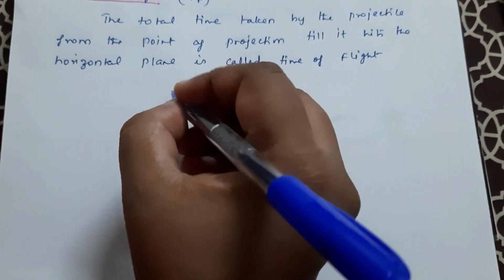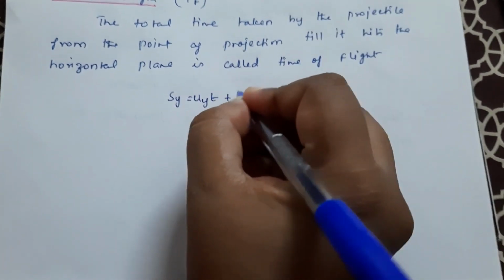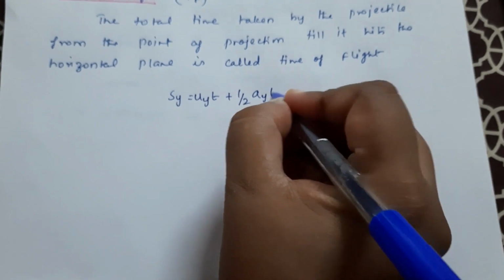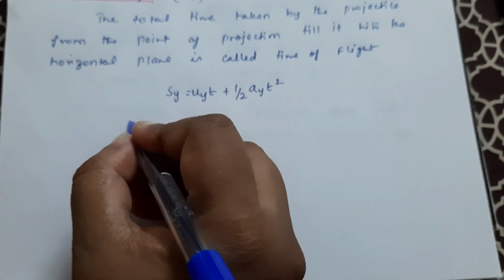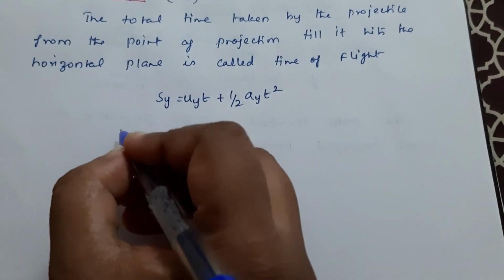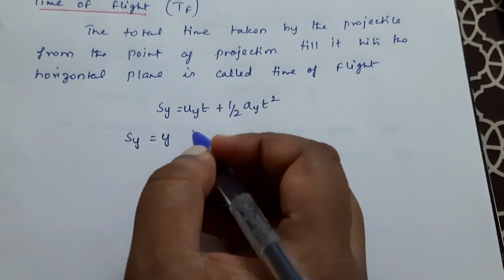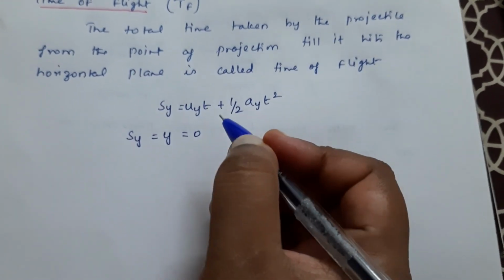We are going to use the equation Sy is equal to Uy t plus half Ay t square. Now we know Sy is equal to y. Here the distance is equal to what? 0.